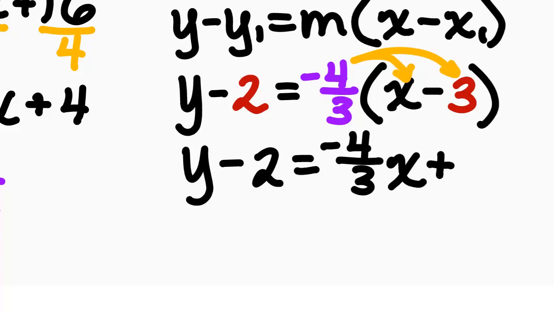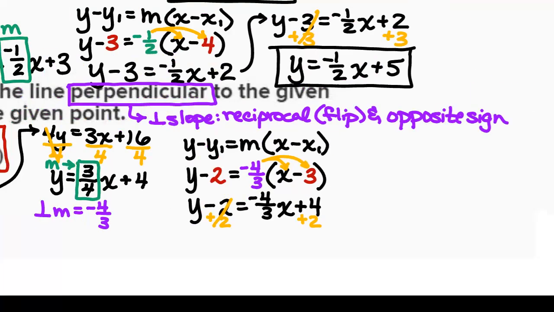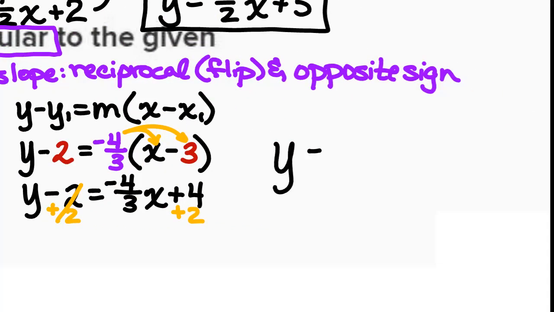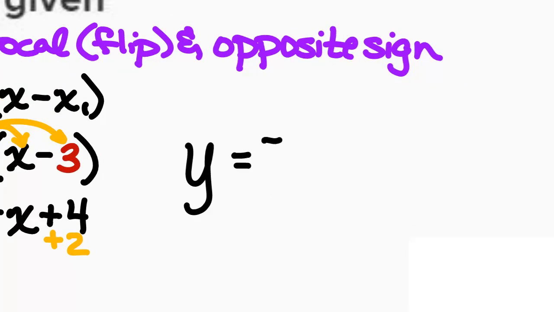So this needs to be a plus 4/3 times 3. What do you say? 4. Last thing I need to do so that this is in slope-intercept form is I need to add 2 to both sides. So my answer would be y equals what? -4/3x plus 6.